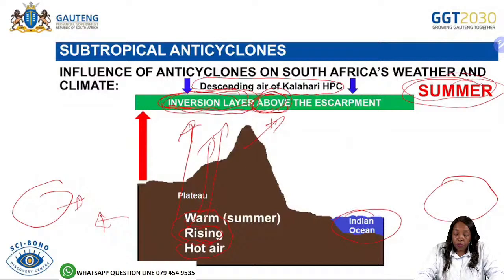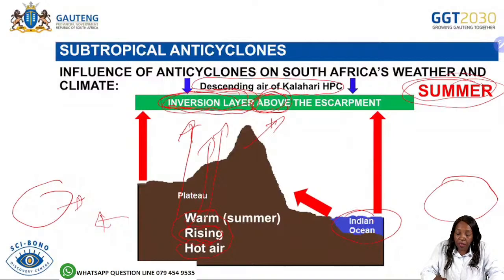And then the warm air is the one that I have indicated to you, that we've got more warm air rising from the surface, and then there's more convection currents, which has resulted in the development of the inversion layer there. So the position of the inversion layer will then have an influence over what? Over the South Atlantic high pressure cell, which we have on the east of the country, and more warm air would be able to move in that direction.